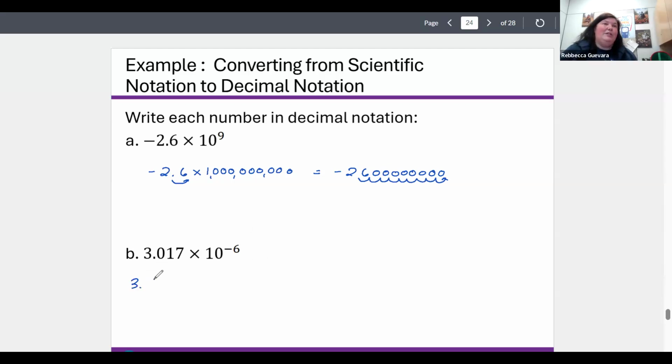This means I have 3.017 times, I'm going to have that 1, but what I have, 1, 2, 3, 4, 5, it tells me where my decimal place is going to be in relation to this 1. The 1 should be 6 decimal places out. 1, 2, 3, 4, 5, 6.